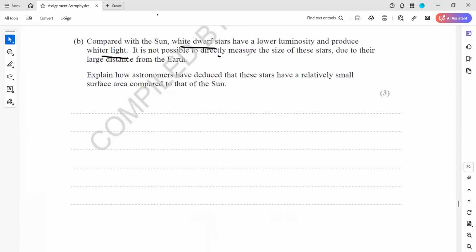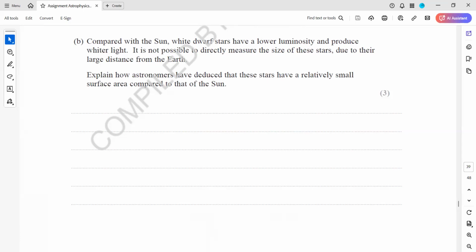It is not possible to directly measure the size of these stars due to their large distance from the Earth. Explain how astronomers have deduced that these stars have a relatively small surface area compared to that of the Sun. How are astronomers sure that these white dwarfs are much smaller in size as compared to the Sun?